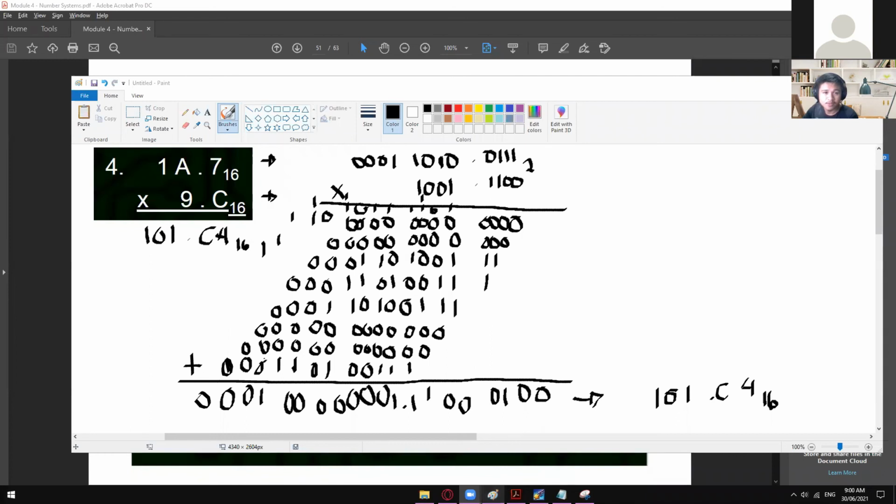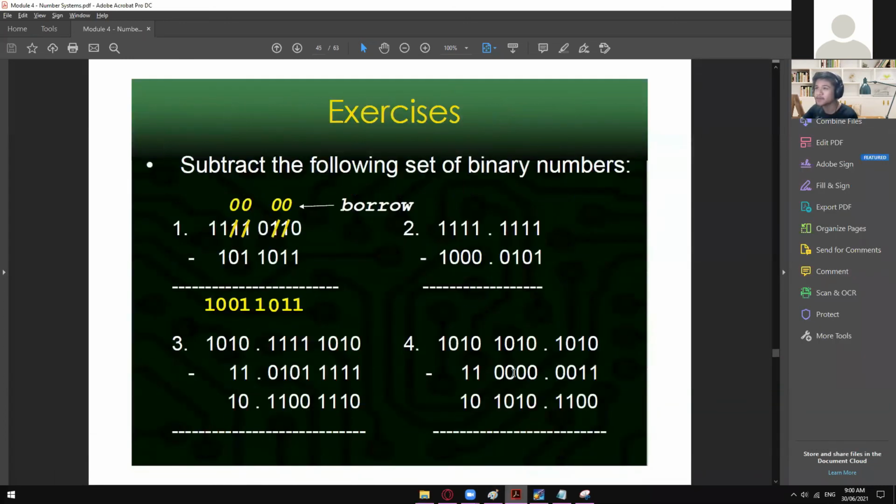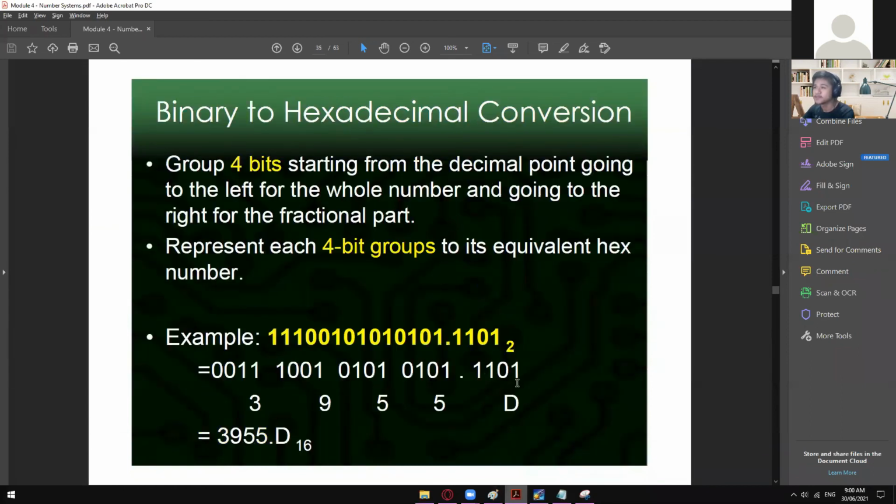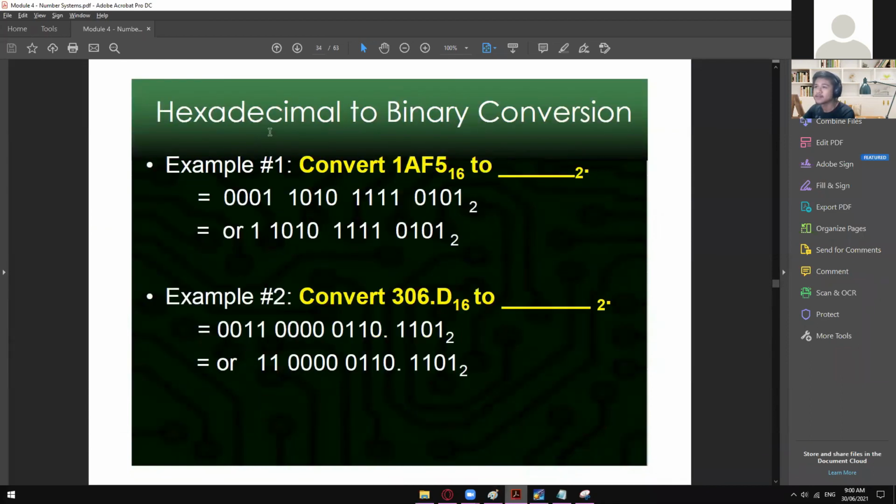Sir, di lang gets yung pag-convert to binary. Okay. So when it comes to converting that one to binary, just go back right here, hexadecimal to binary. Just convert every character, actually, it's super simple. 5 is 0101.